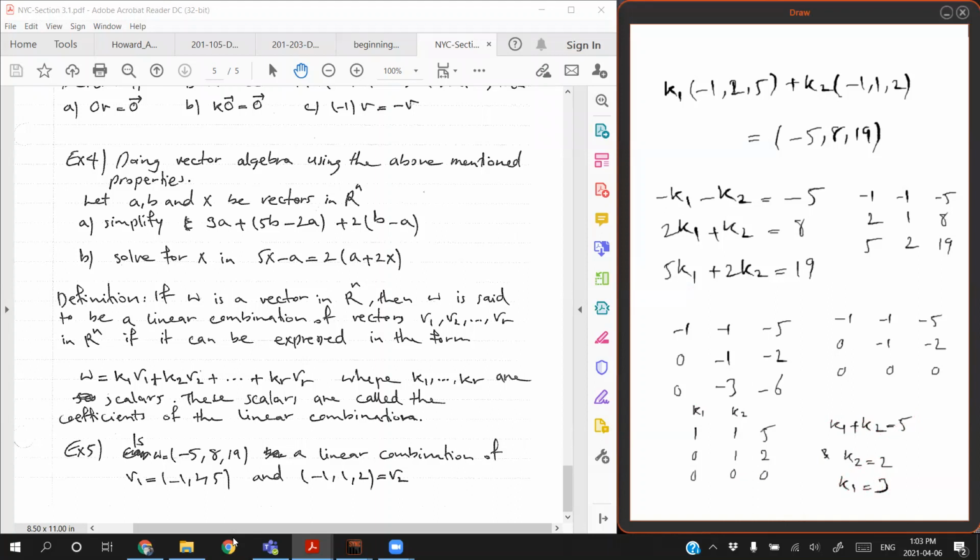So yes, 3 times the first vector plus 2 times the second vector is going to give me this. 3 times this plus 2 times this: minus 3 plus minus 2 is minus 5, 6 plus 2 is 8, and then 15 plus 4 is 19. So yes, W is a linear combination of V1 and V2. If the system had no solution, we would say, no, it's not a linear combination of these two vectors.